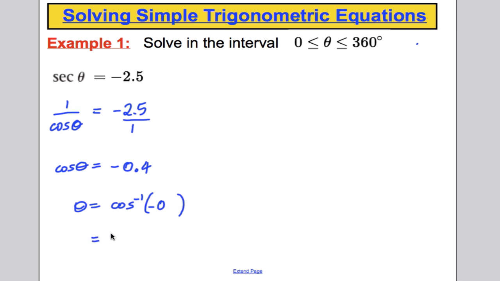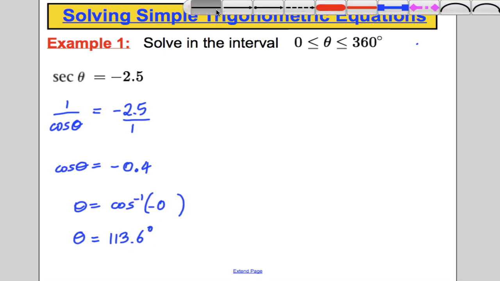Let's just put 113.6 degrees for theta. It's not as simple as that. There may be other values of theta in the interval for which there is a solution.